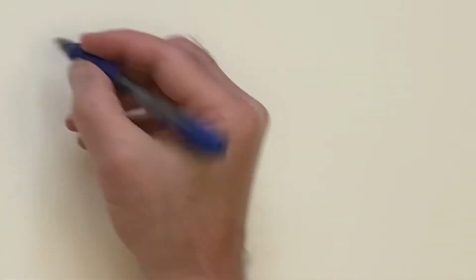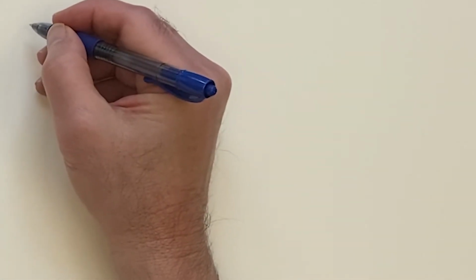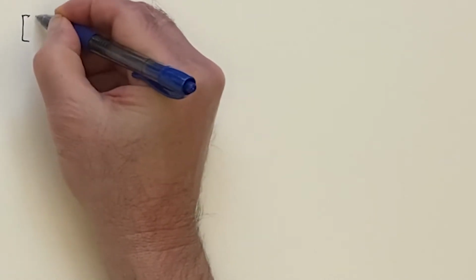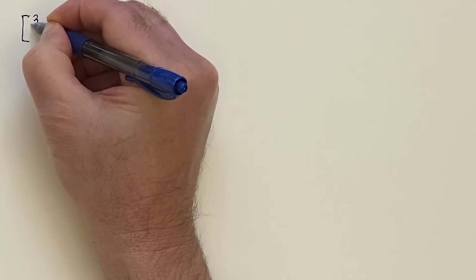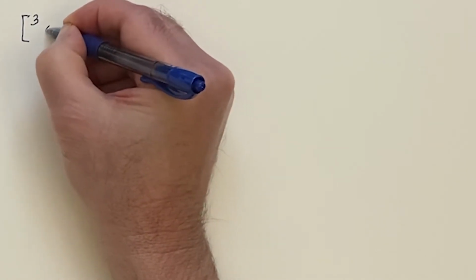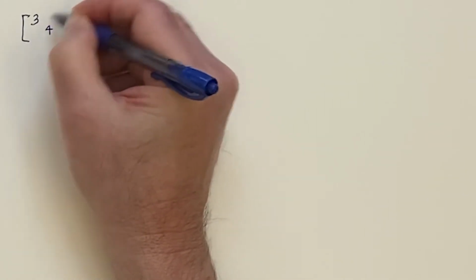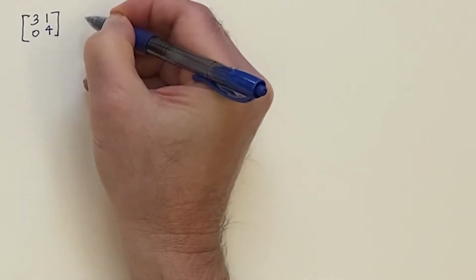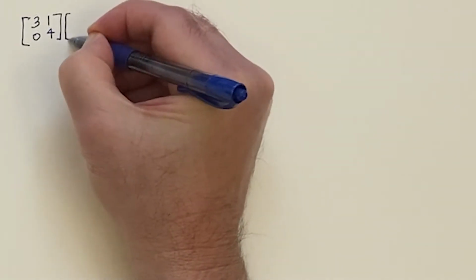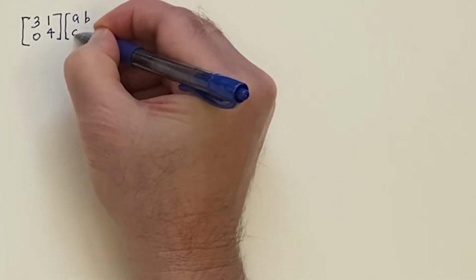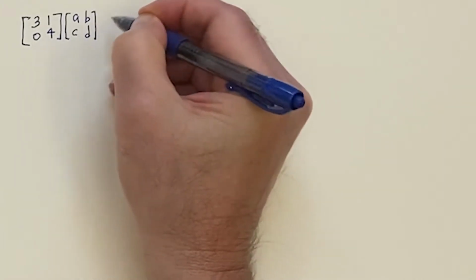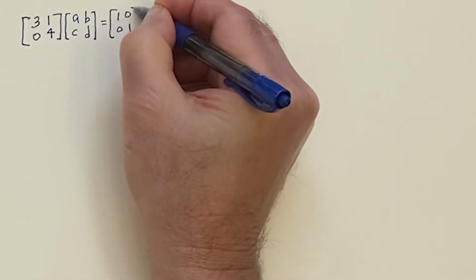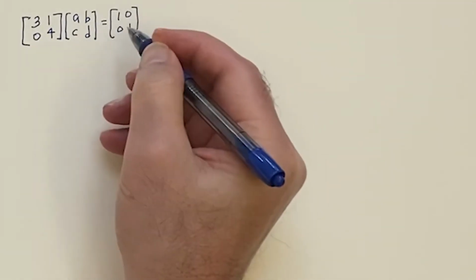Okay, so now we're going to try another one. When we had the 3 here, and we had a 4 there, and we had a 0, let's put a 0 here, but let's put a 1 there. Let's look at that one, and multiply by some general matrix like this, and see if we can get a solution to find an inverse.